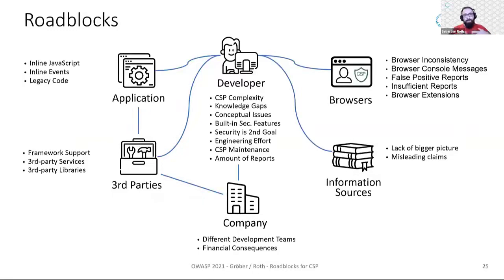But even if all stars align and the developer can build a proper CSP, the different browser implementations, insufficient console messages, and false positive violation reports caused by browser features or extensions can make the deployment harder than it needs to be.